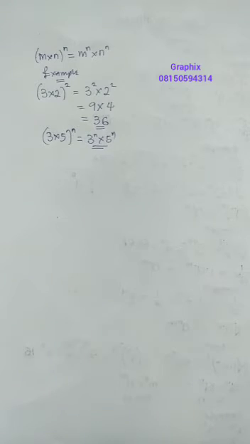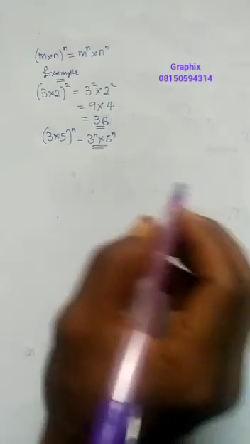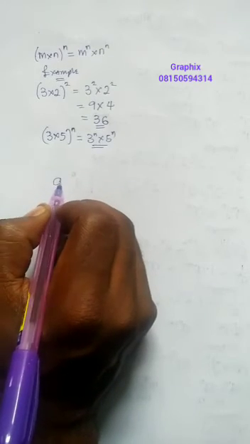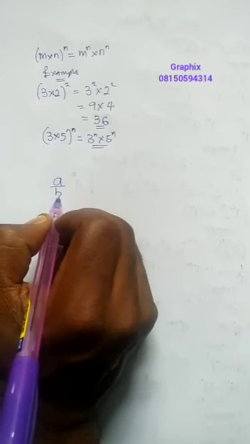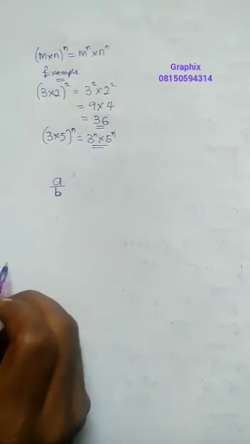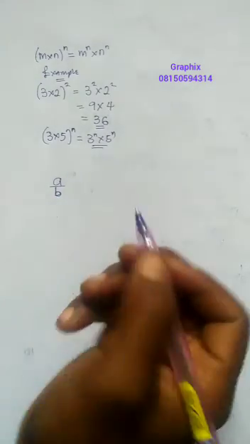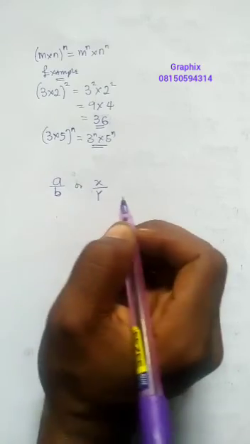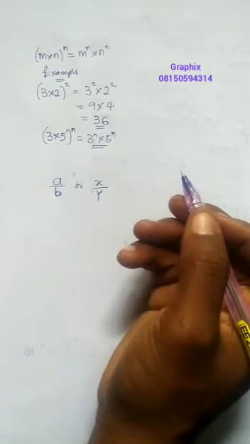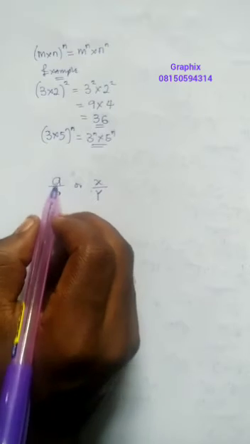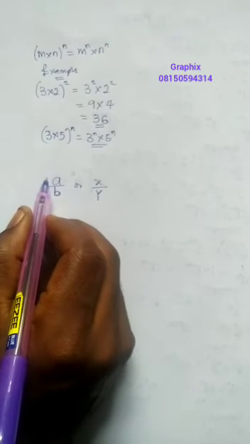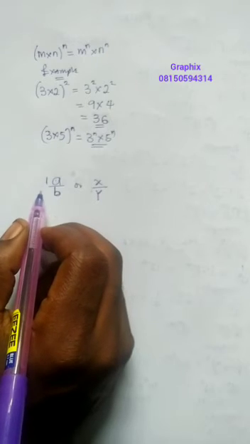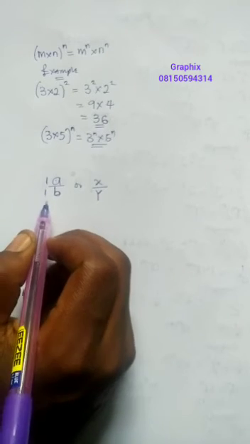Now the next one, there's something I want you to know. When you have A over B, I said it earlier, or we can say X over Y, use any one. Now we know for sure that my A has a silent 1 close to it, and my B also has a silent 1 close to it, right?